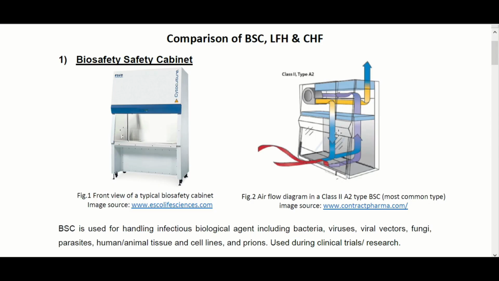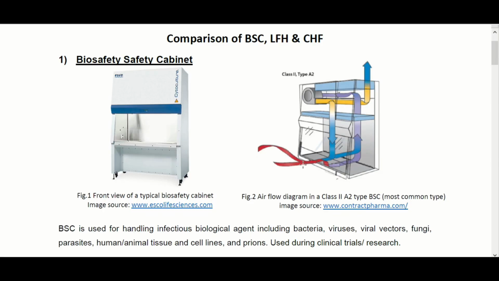working space. So this entire space is filled with either vertical or horizontal flow. In this case, it's vertical flow of laminar flow air, which is streamlined airflow that doesn't cross over to different parts, and clean air.